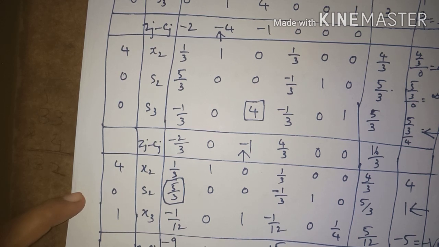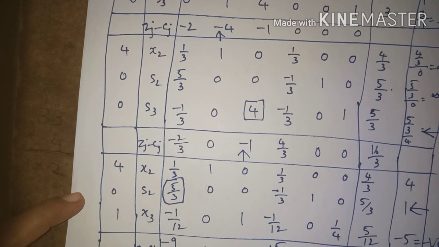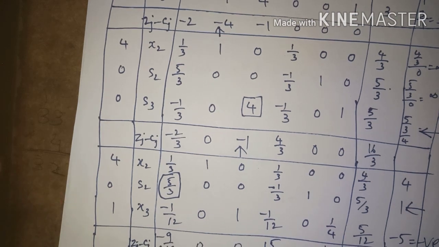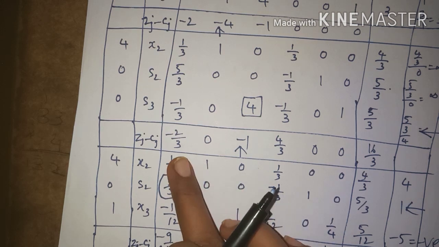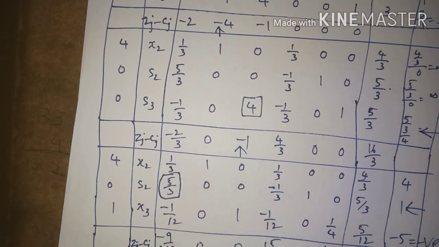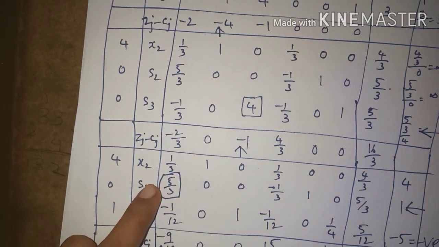Now x3 and 1 I'll write as it is. Now we have to convert the pivot element into 1 and the elements above and below it into zeros. To convert the pivot element into 1, we divide the complete row by 5 by 3.